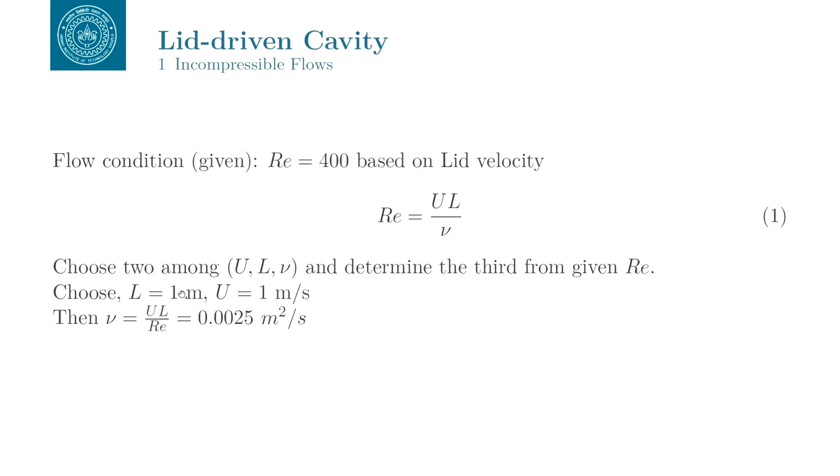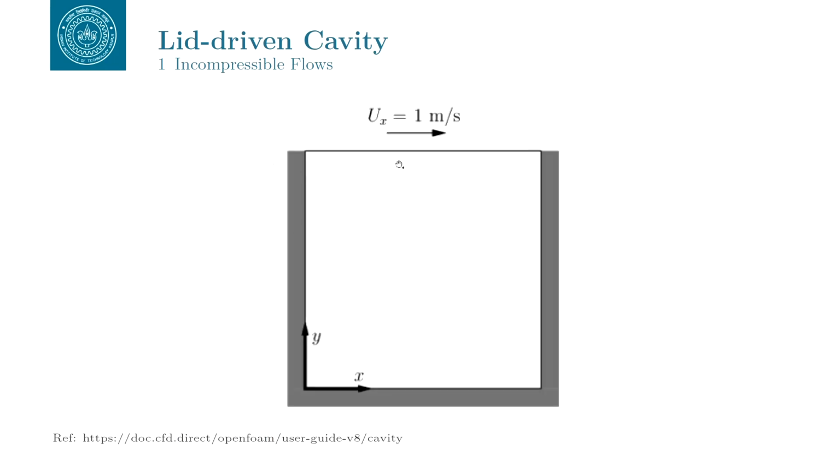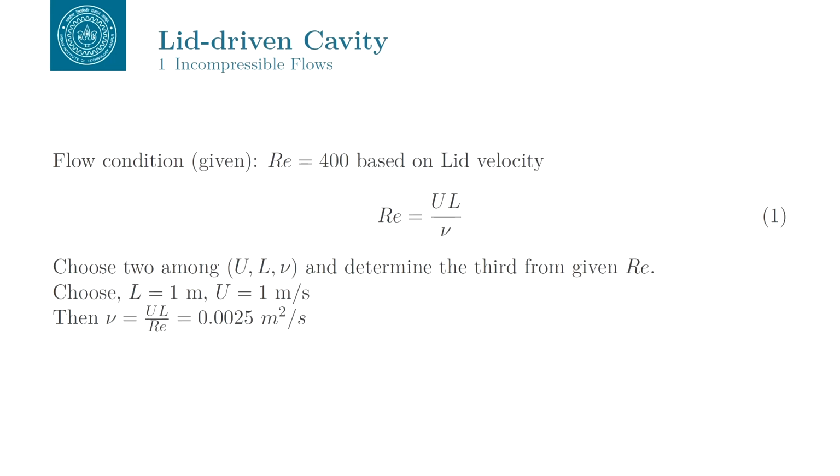Here the Reynolds number is based on the lid velocity and the length of any side. You can choose the length to be 1, that is not necessary, you can choose 0.1, 0.01, whatever you want, but whatever value you choose, you have to confirm that the Reynolds number comes to 400. For example, we can take L equal to 1 meter, and U you can take 1 meter per second, or 10 meter per second, 100 meter per second, whatever you want.